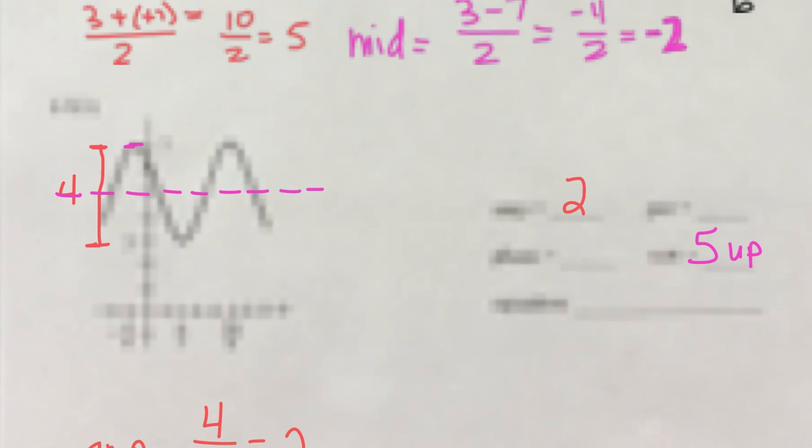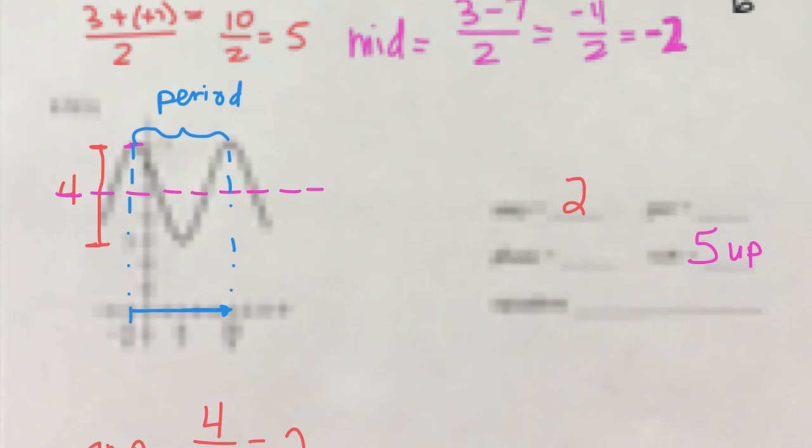So now let's look at the period, from a max to a max. If I travel down here, that hits at 5 pi over 6. And if I come down from this max, that hits at negative pi over 6. So how far is it from negative pi over 6 to positive 5 pi over 6?